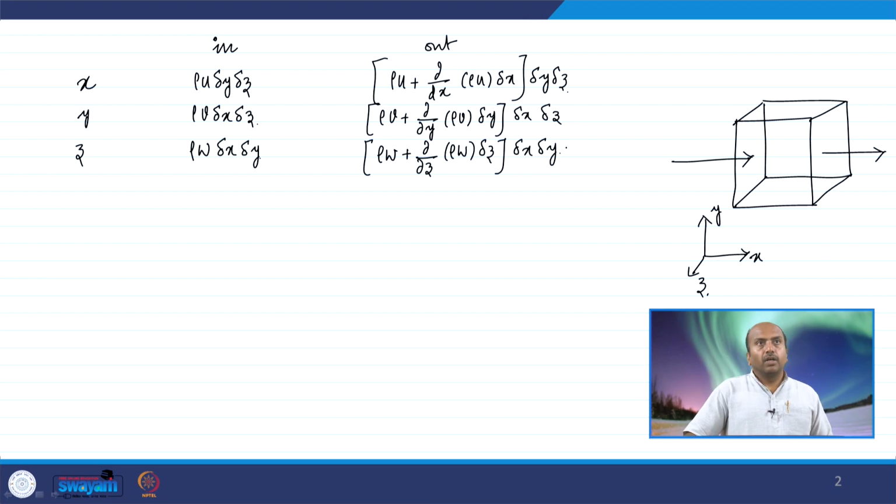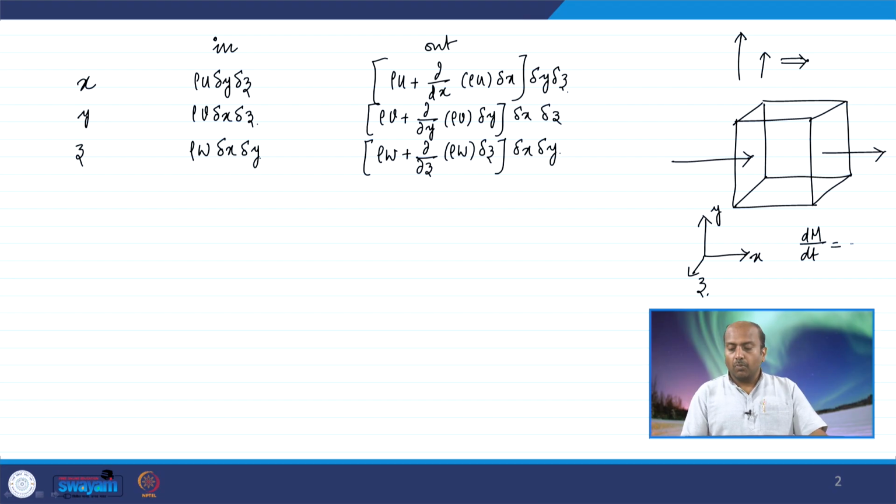We expect that the total net flux that is going inside should be equal to the net flux that is going outside. So, if the incoming flux is more and the outgoing flux is less, which means that some amount of fluid mass is being accumulated inside the control volume, right? Or the rate of change of mass inside the control volume dm by dt will become positive.